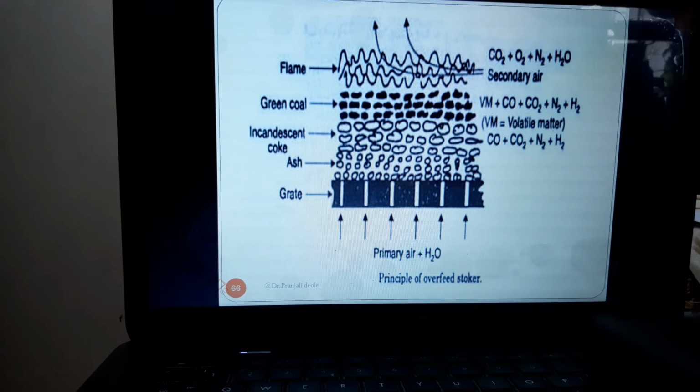The fuel bed section receives the coal on the top of the surface. The ignition plane lies between green coal and the incandescent coal. The air with its water vapor contained from atmosphere enters the bottom of the grate.